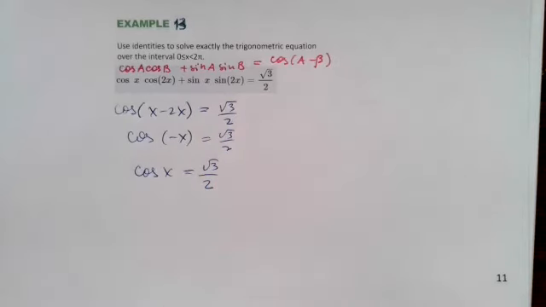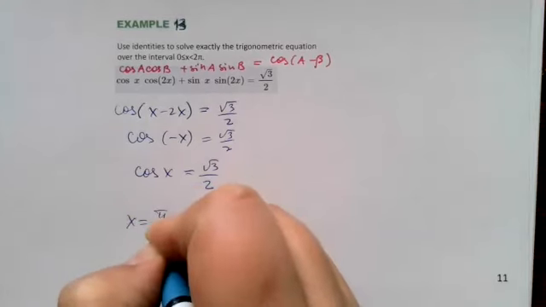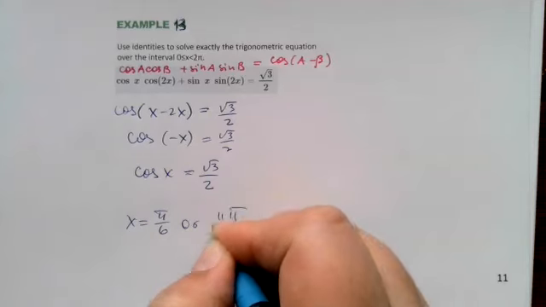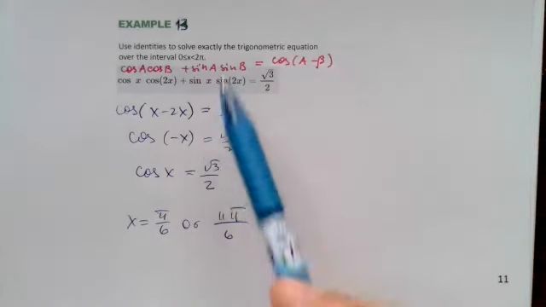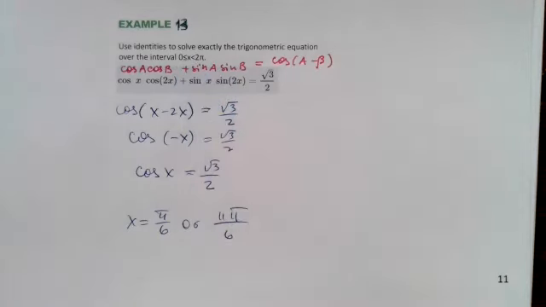Now, from the unit circle, we know that this happens only when x equals pi over 6 or 11 pi over 6. And in the problem, they told us we need to find x in the period from 0 to 2 pi. So we're done with this problem.